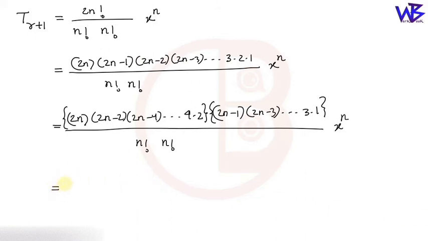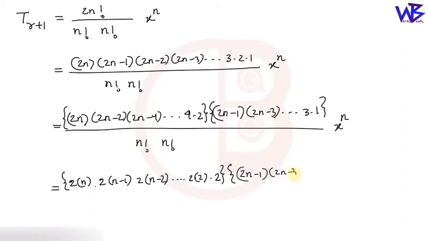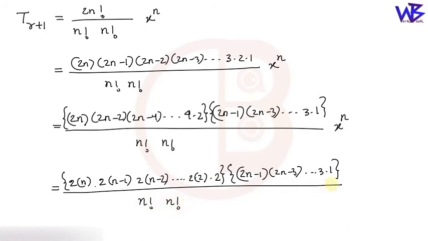Now, if I factorize the even ones, I'll get 2n × 2(n − 1) × 2(n − 2) ... 2 × 2 × 2, multiplied by the odd ones (2n − 1)(2n − 3) ... 3 × 1, divided by n! × n!, multiplied by x^n.